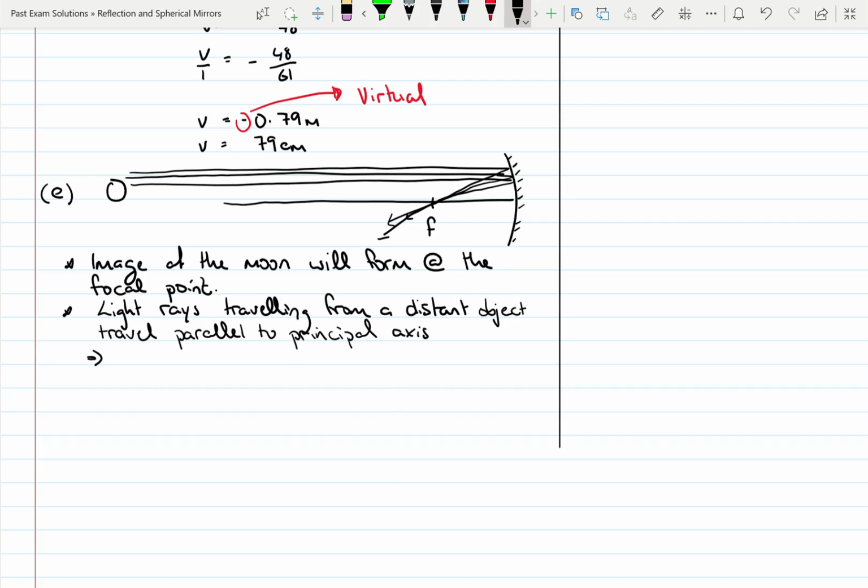Therefore, they reflect through the focal point. Okay, and that is our answer to part E.